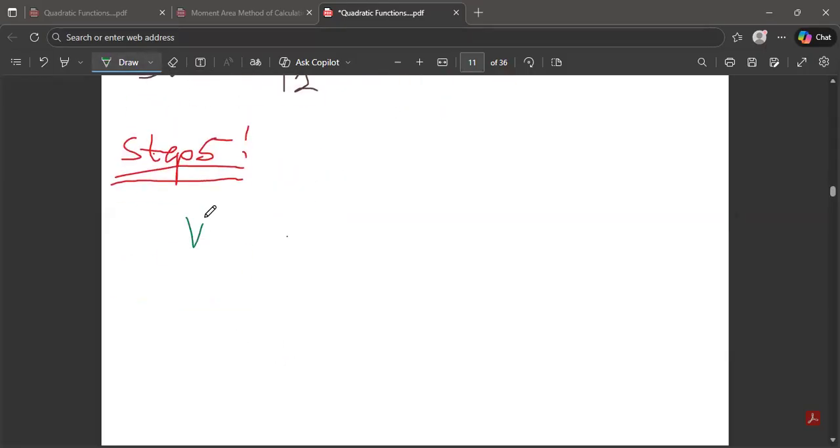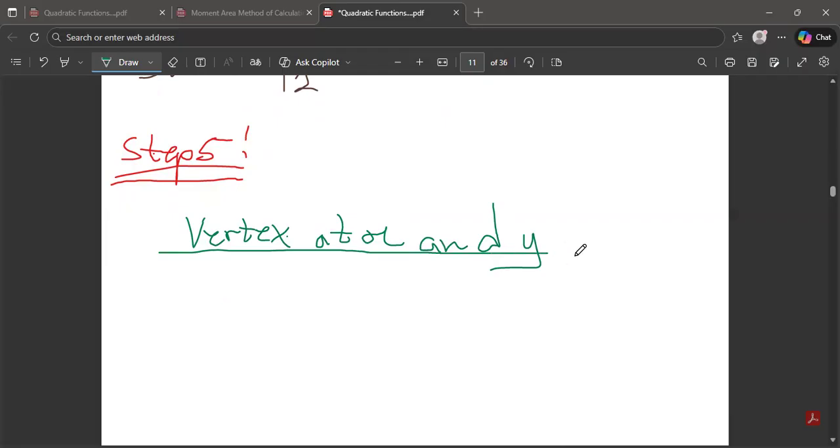And my vectors are what? So my vectors at x and y, this is how I'm going to write it for you to see.